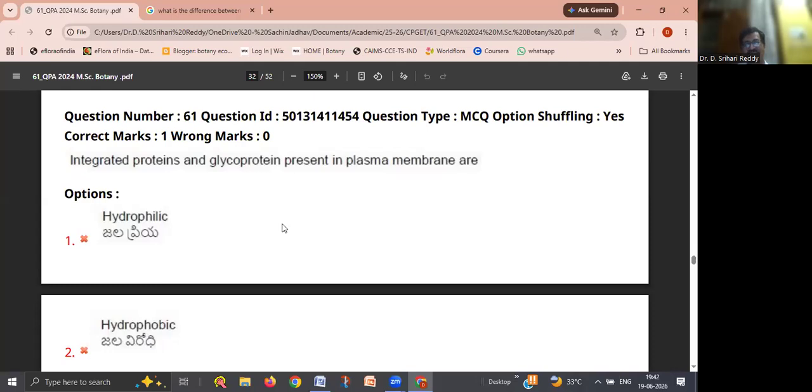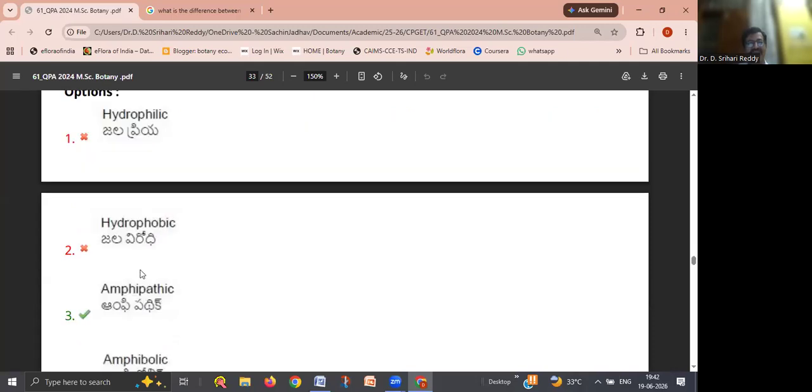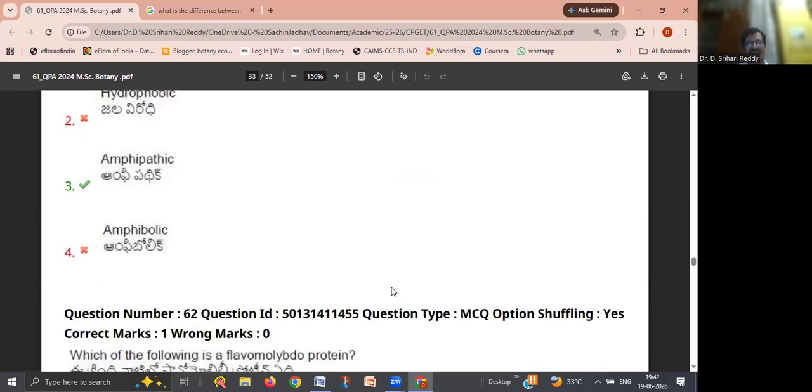So here we refer to them as amphipathic. What is amphipathic? They have both features, hydrophilic parts and hydrophobic parts. Amphi means both. It has both natures, hydrophilic and hydrophobic. So that is the right answer.